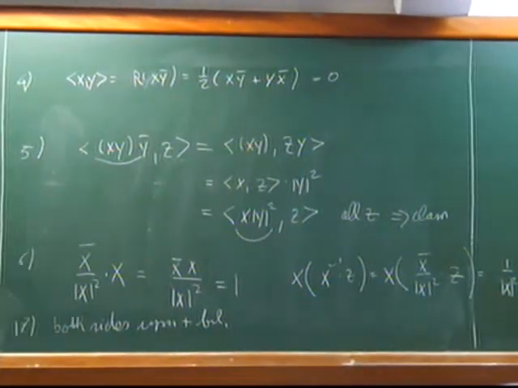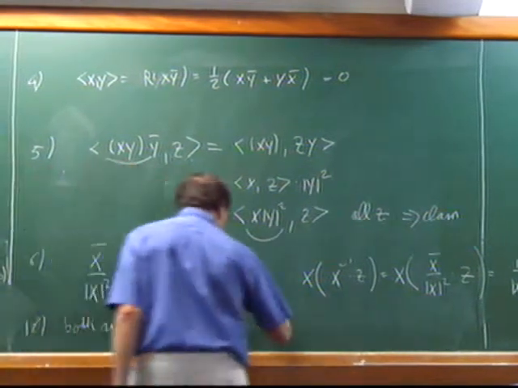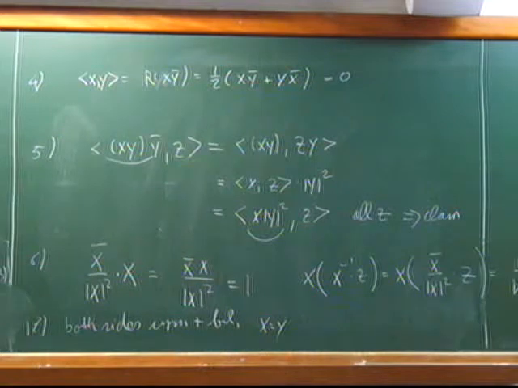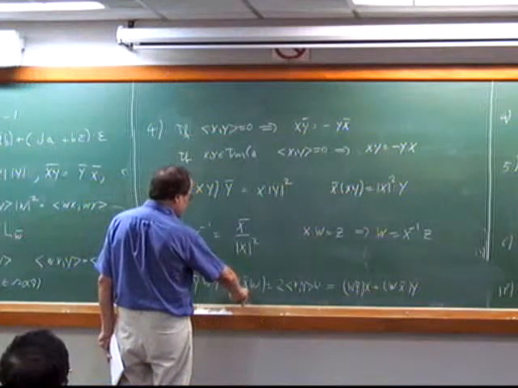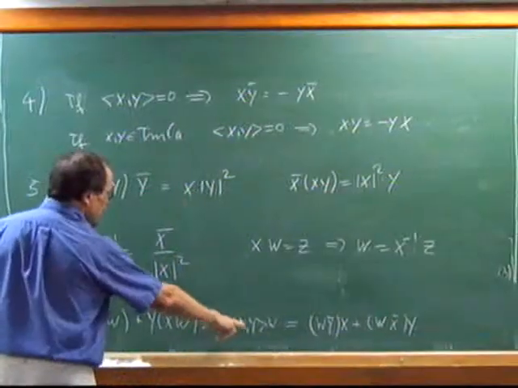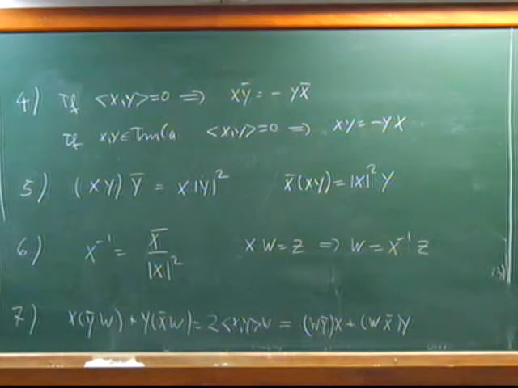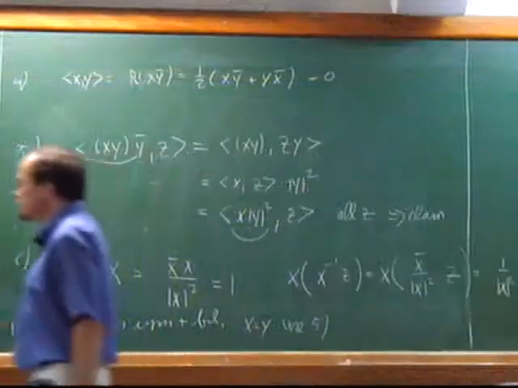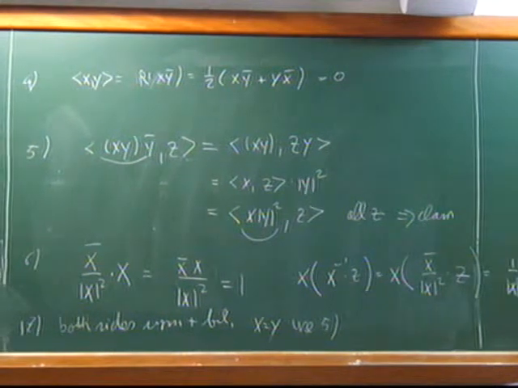So it means I only have to check it when x is equal to y. And when x is equal to y, it becomes one of the other rules. It becomes 5, right? x bar w plus x bar w becomes this one twice, so I have twice the norm of x squared times w. So use 5. These are all the rules I need.